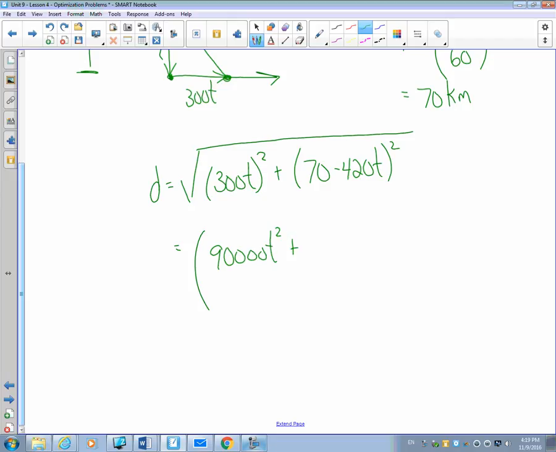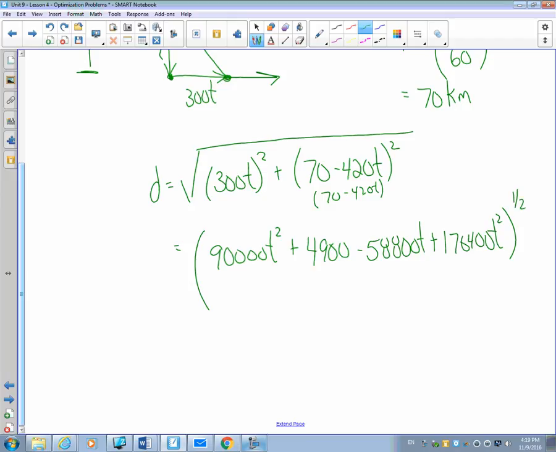And we're going to do our FOIL. We're going to write our bracket out twice. I'm going to skip the showing of that part, but we're doing that times itself, right? Okay, so what will it give us? So 70 times 70 is 4,900. 70 times 420, and then 70 times 420 again. If we collect them, we'll get 58,800. And 420 squared gives us 176,400t squared.